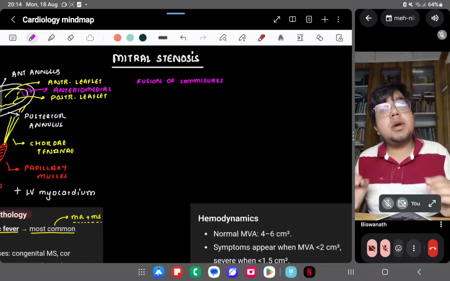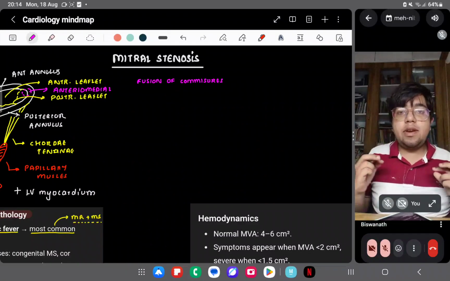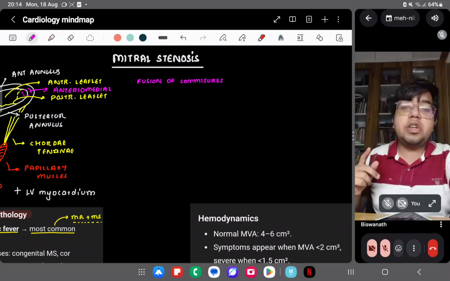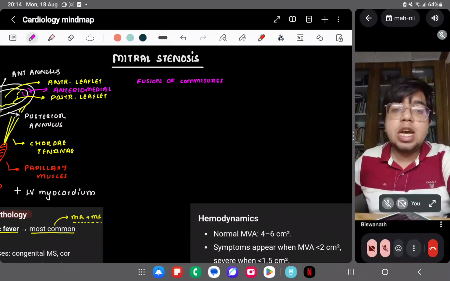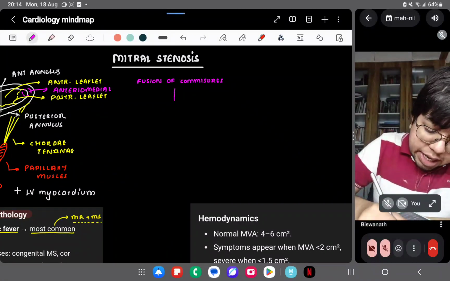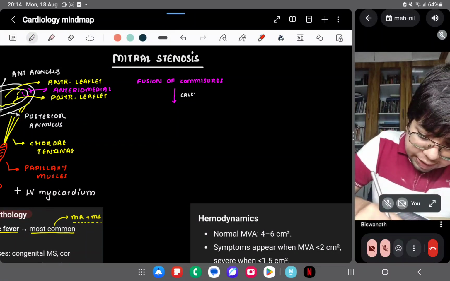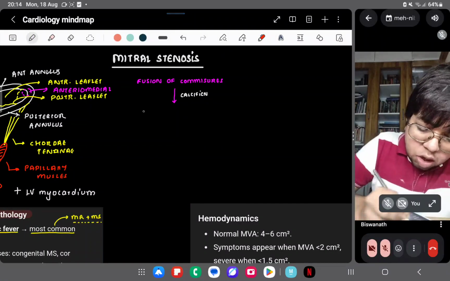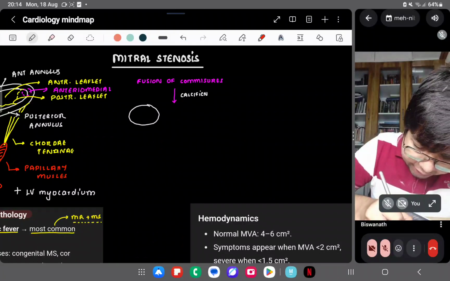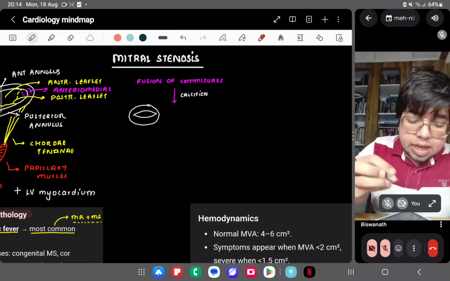So the anterior medial and posterior lateral commissures are basically fusing. As it has a rheumatic pathology, we can have calcification on top of that. Look at this. The commissures are basically making this valve like this.